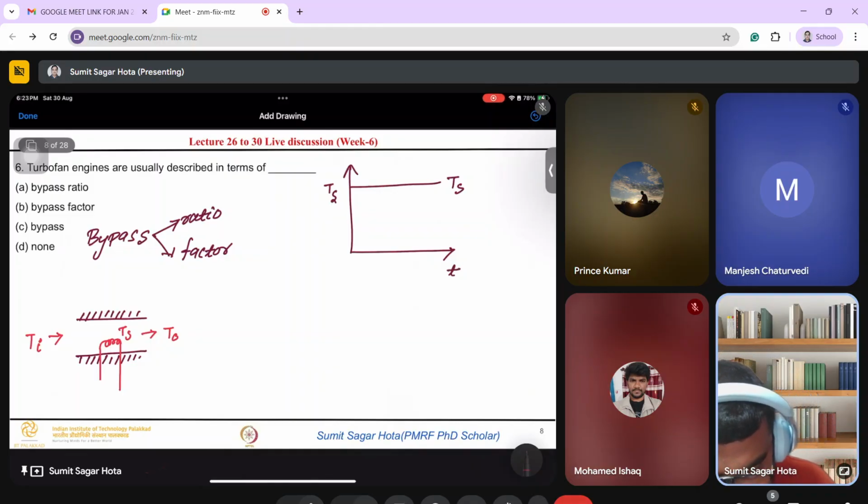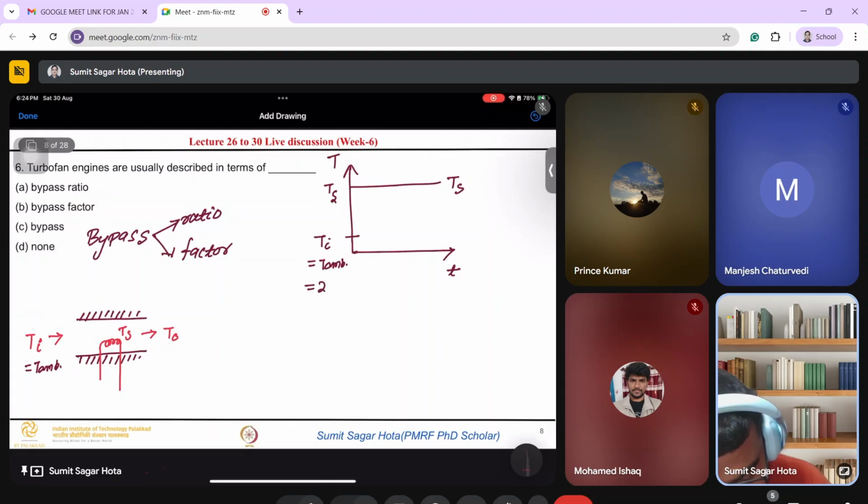This is time versus temperature. Now Ti is equal to T ambient, your atmospheric temperature, which is here.